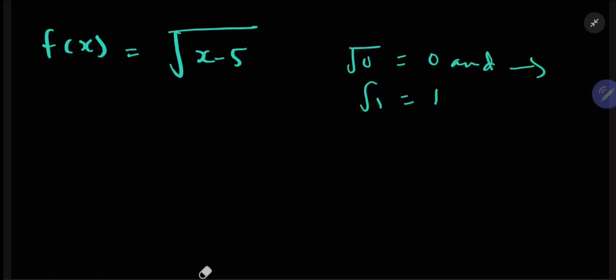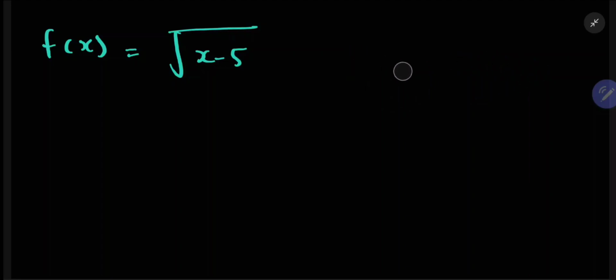So let's see. That means that x here, since we are concentrating on real numbers, we can say that our domain here would be x greater than or equal to 5.